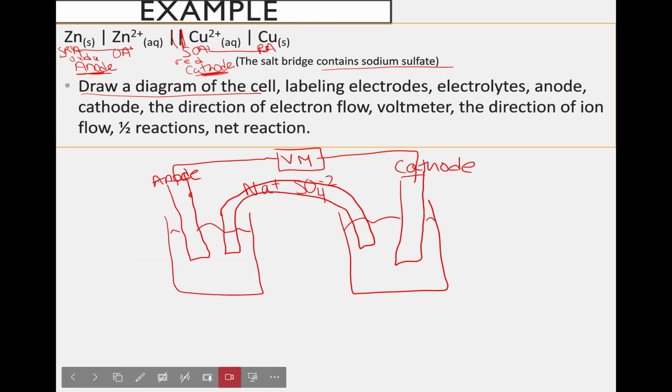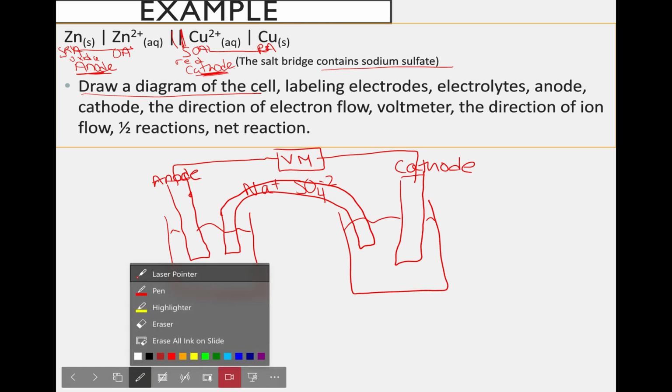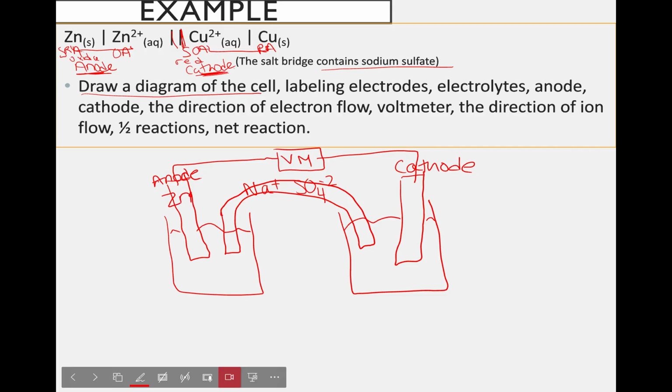So we have our zinc, and hopefully that works. Our zinc solid, and then you'd have zinc 2 ions floating in solution. Now this ion can't exist by itself, so it's most likely paired with another spectator ion, so I'm just going to put NO3 in here, and that would all be floating around in solution.